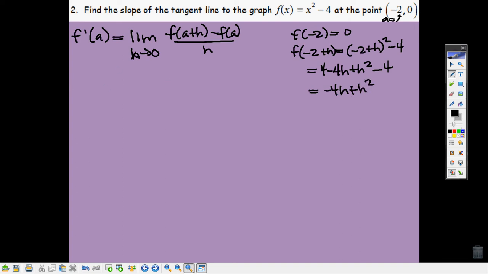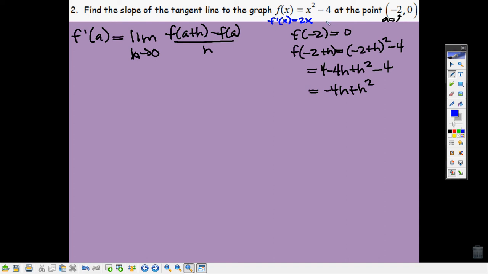So again, I would probably take the derivative to figure out what f prime is. So f prime of x is 2x. And remember that our slope of our tangent line, which is what we're looking for, just the slope in this particular problem, is the value of the derivative at the point.